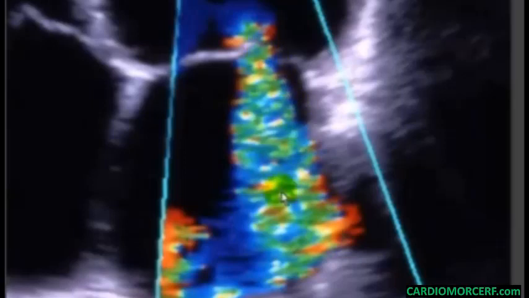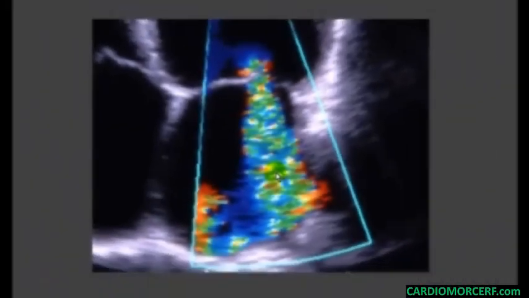Probably because you've seen color Doppler and people will tell you this is a turbulence of a mitral regurgitation. Then you'd think that the jet is turbulent, but it's not. The turbulence you are seeing in the color Doppler is around the jet. The jet itself is laminar.